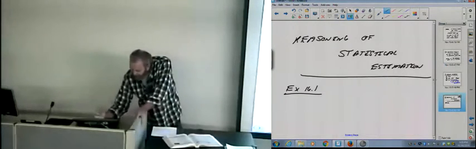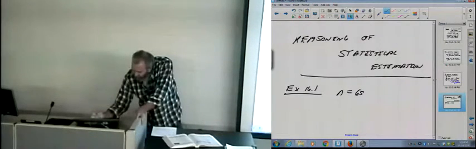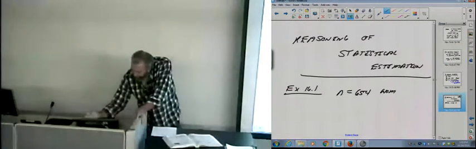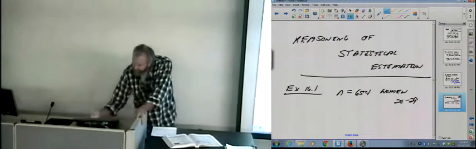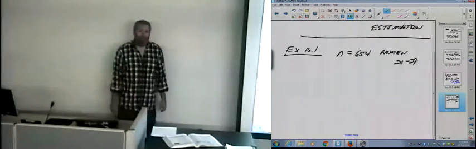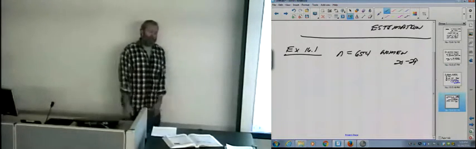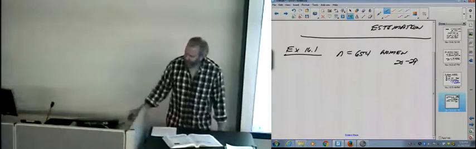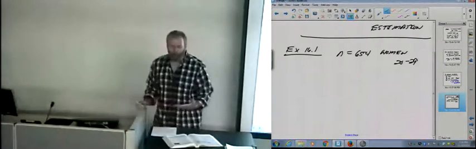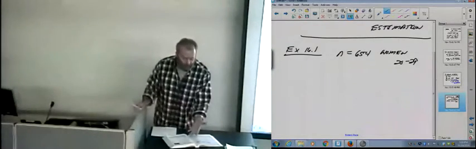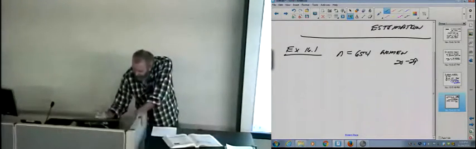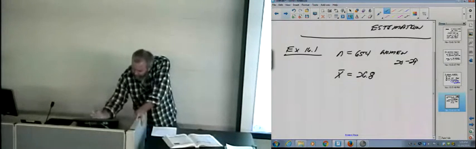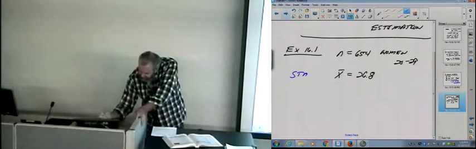Okay, you have a sample of 654 women, 20 to 29. If they don't tell me any more, we're going to assume it's a random sample. We're going to assume we're looking at an SRS because of our simple conditions. It tells me that for these 654 women aged 20 to 29, their mean BMI, x bar, is 26.8. Here is your statistic.